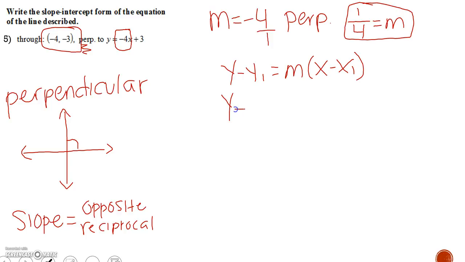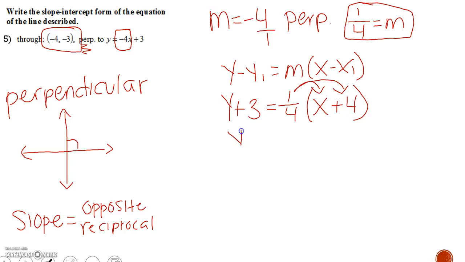So we have y minus our y1, which is a -3, so that becomes a positive, double negative. Our slope is 1/4 times x minus our x1, which is a -4, so that becomes a positive with our double negative. We're going to distribute this 1/4, so we have y plus 3 equals 1/4 x, and 1/4 times 4 is 1.